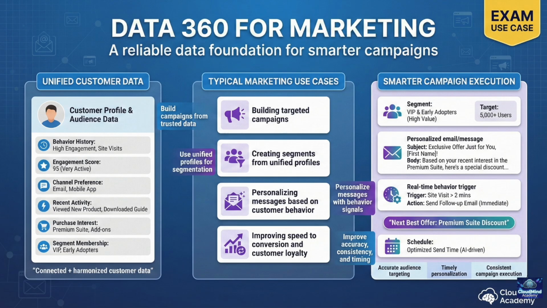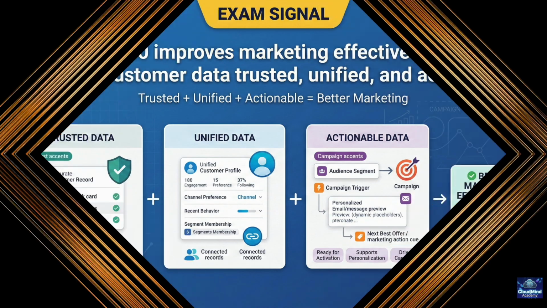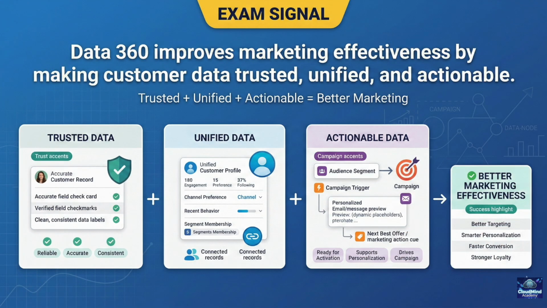Data 360's ability to connect and harmonize data from multiple sources gives marketing teams a more reliable data foundation. This helps improve accuracy, consistency, and timeliness in campaign execution. Exam signal. Data 360 improves marketing effectiveness by making customer data trusted, unified, and actionable.